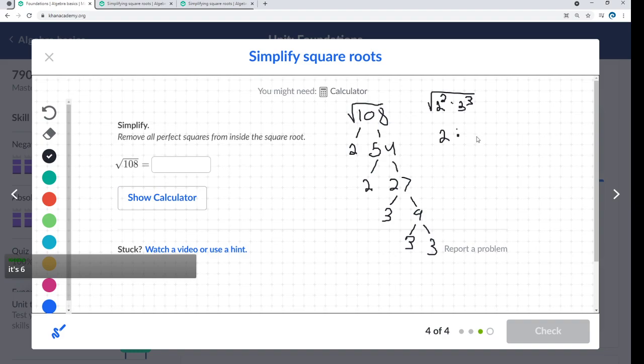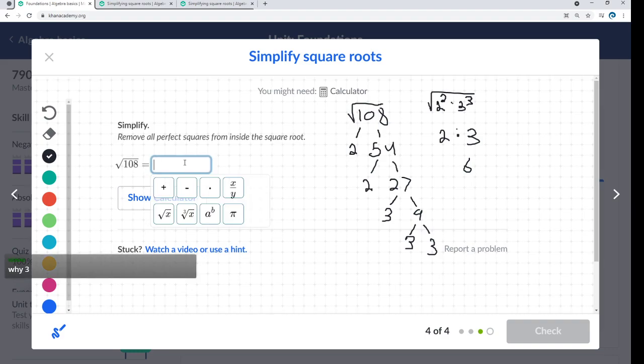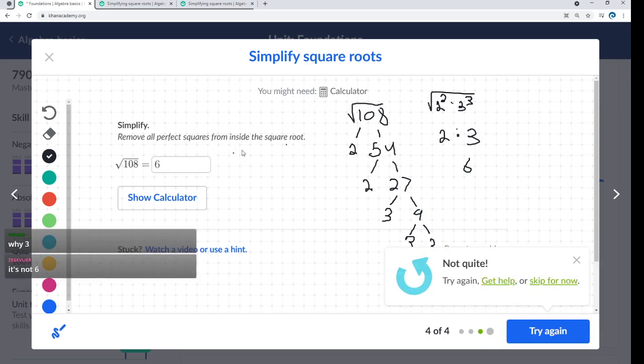So it's gonna be 3. So is it 6? Because there's nothing left over. That's not 6, is it? There's no way. How does that work? What? No, of course not. What did I do wrong here? I did something wrong.